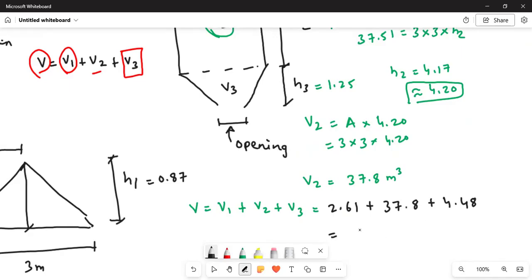So the total volume of the bunker is equal to 44.89 meter cube. So this is what you're getting at the end, and you have fixed the dimensions of the bunker. You know V1, V2, V3. You know H1, H2, H3. So as far as the dimensions of the bunker are concerned, it is fixed now. We can move forward in the design.